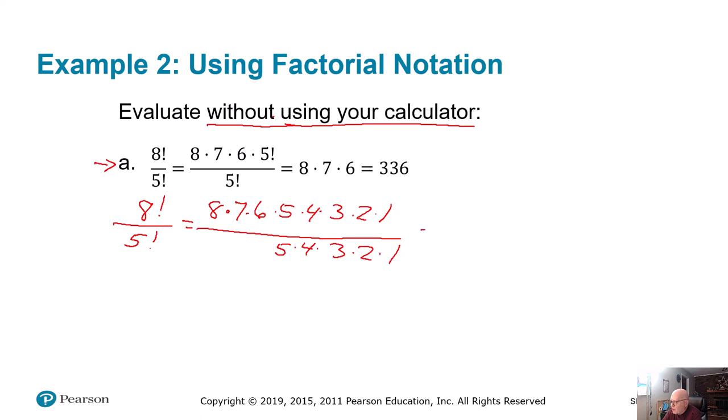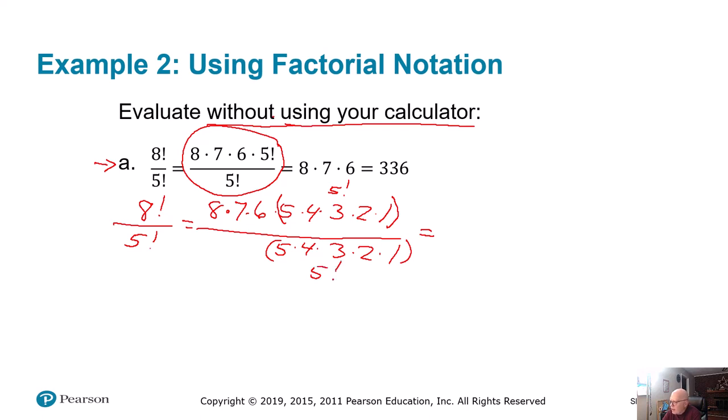Now, I'm going to rewrite this, although we wouldn't need to. But notice the 5's cancel, the 4's cancel, the 3's, the 2's, and the 1's. That's why it's written like this. The last 5 numbers on the top are the same thing as 5 factorial, and on the bottom this is 5 factorial.